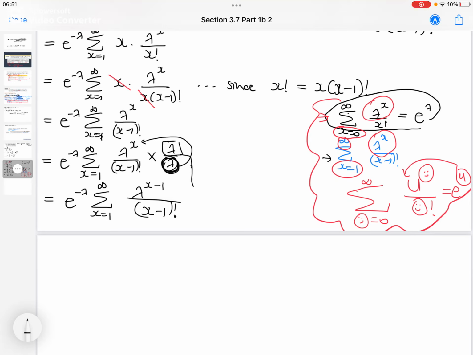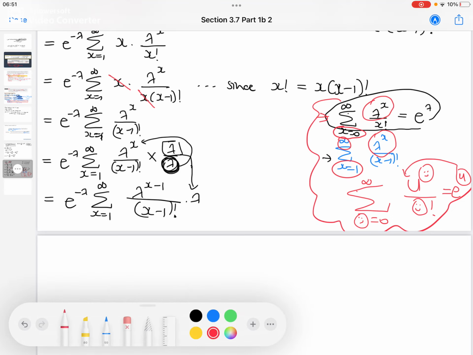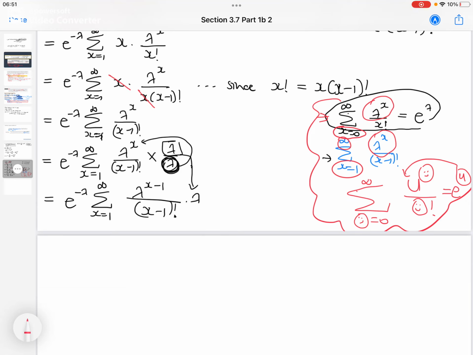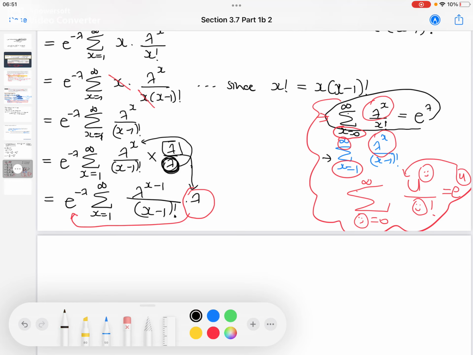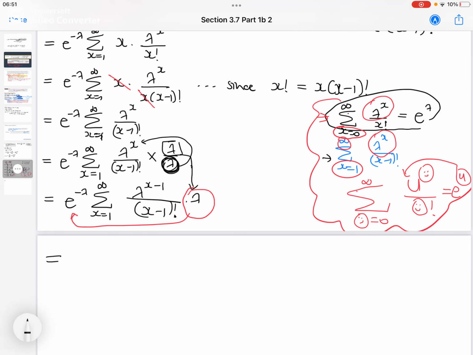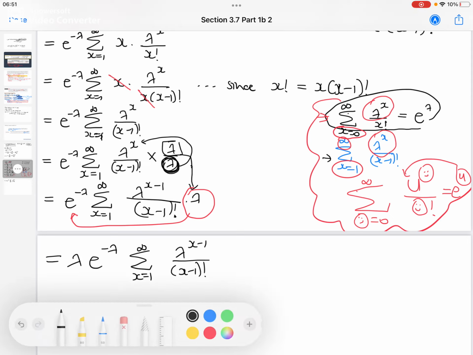We're left with this lambda here. So this one I can take down here, times lambda. Then we said if we have a constant, we take the constant and put it in front of the summation sign. And so at the end, we have lambda times e to the power minus lambda times the sum of x equal to 1 to infinity of lambda to the power x minus 1 divided by (x minus 1) factorial.